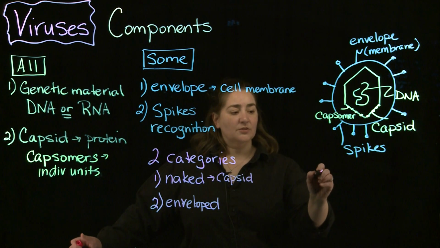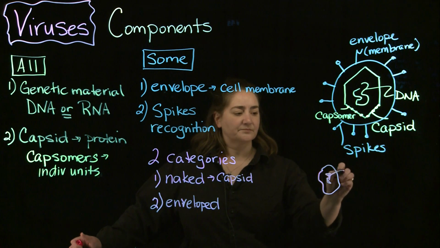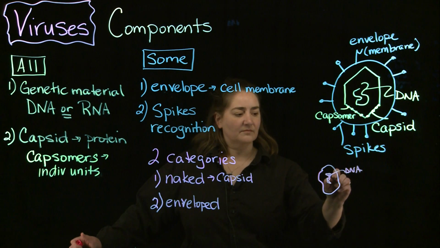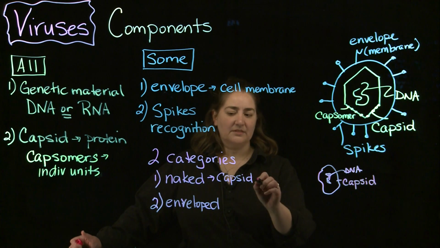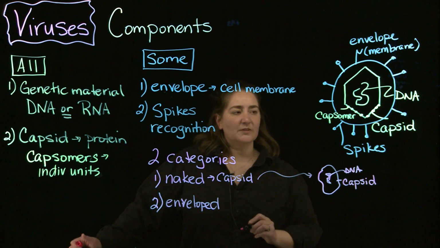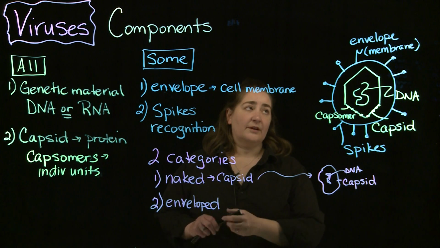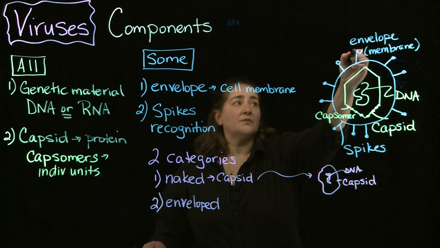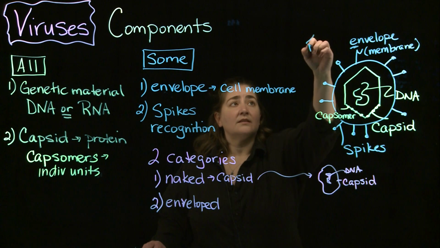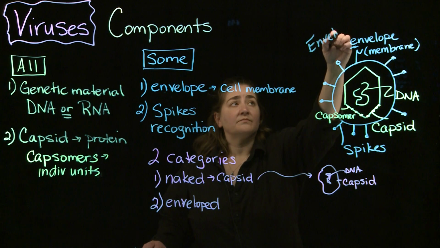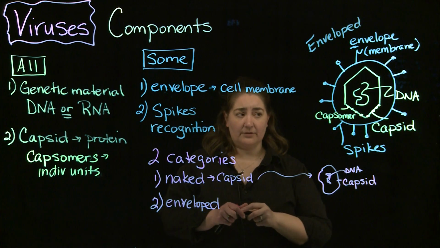So if I draw one here, this is with our DNA and our capsid. This would be a naked virus. The virus I drew up here, because it has that envelope, that cell membrane, would be an example of an enveloped virus.